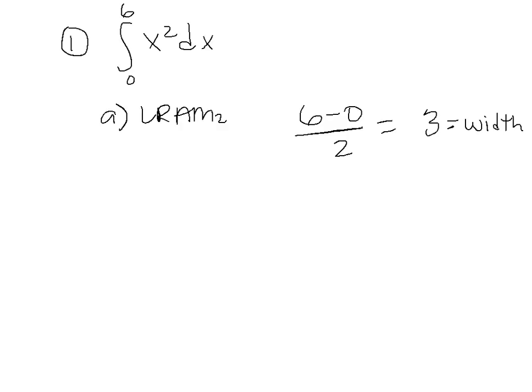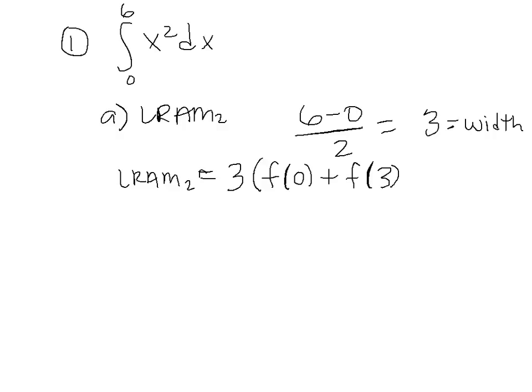So for LRAM, you're going to use the left endpoints of each of the subintervals. So the first subinterval goes from 0 to 3. So you're going to say LRAM 2 is equal to the width, and you're going to use f of 0, and you're going to use f of 3.